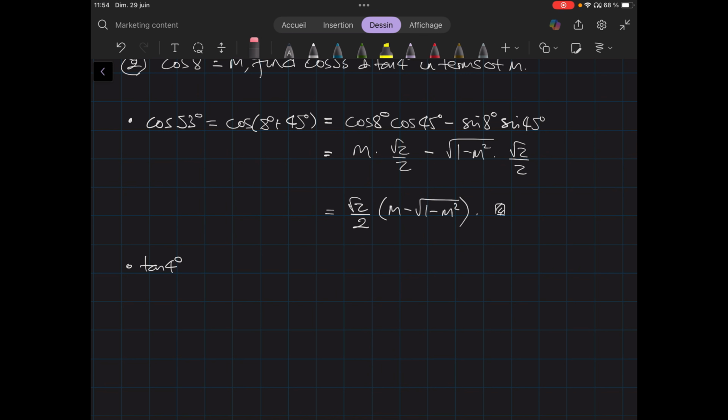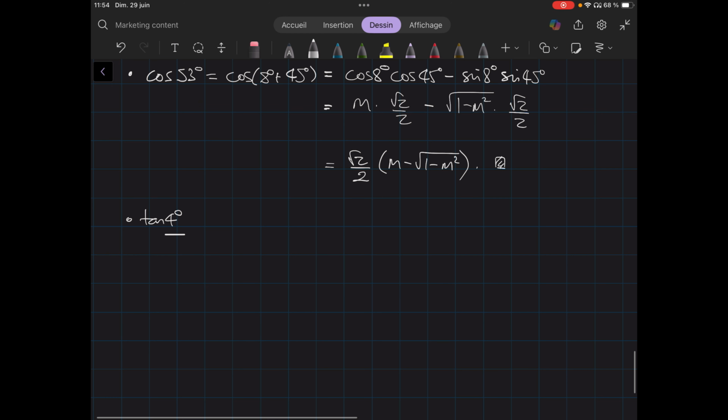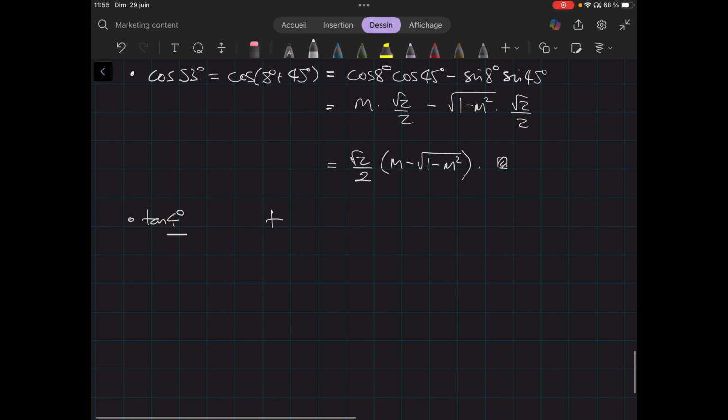Now moving on to tan of 4 degrees. Notice that 4 is a half of 8. So we can use the double angle formula for tangent. Notably, tan of 8 degrees is equal to 2 tan of 4 degrees divided by 1 minus tan of 4 degrees squared.